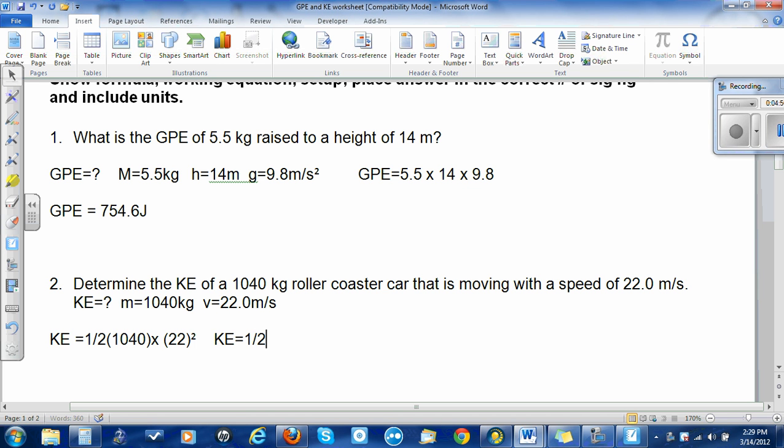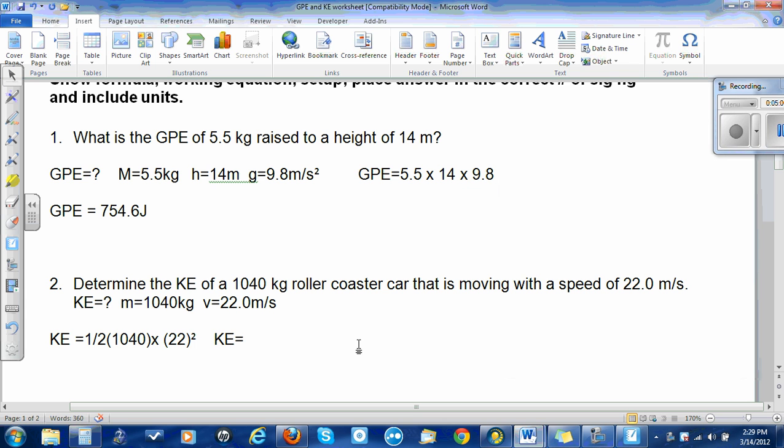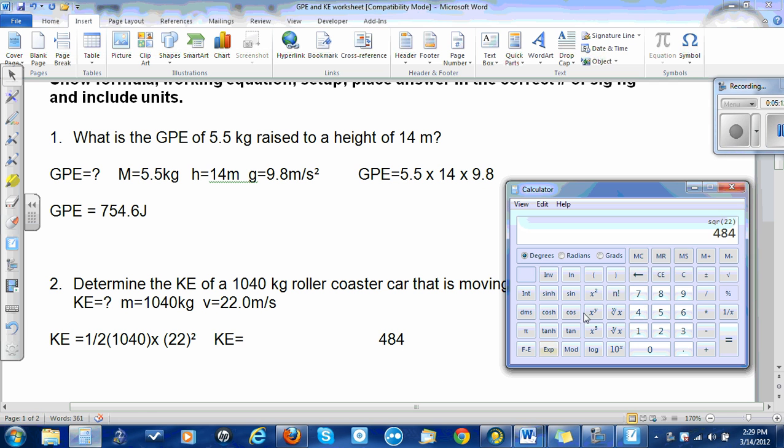So I have 1/2, and then I'll take half of M. So 484, I'm going to write that down. 1/2 of M: 1040 divided by 2 equals 520.